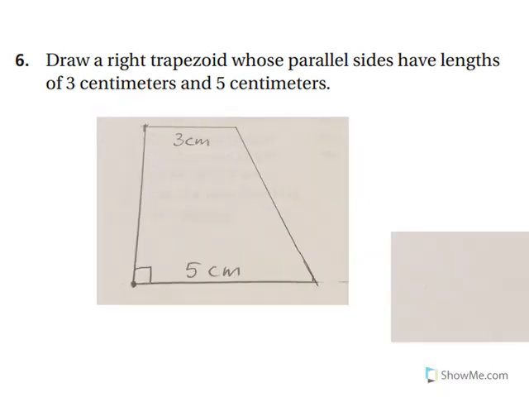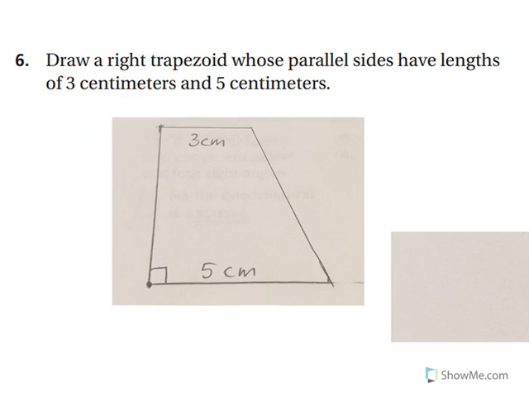Then I had another right angle up top, which was right around here. And I was able to then draw a parallel side. It was key to make sure that the parallel side was 3 centimeters, and down here was 5 centimeters.